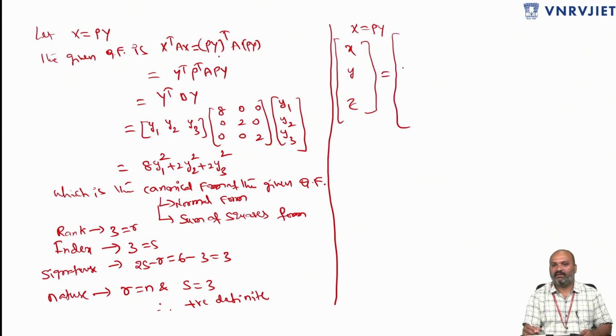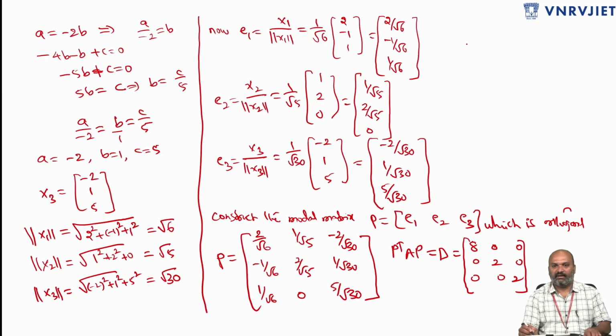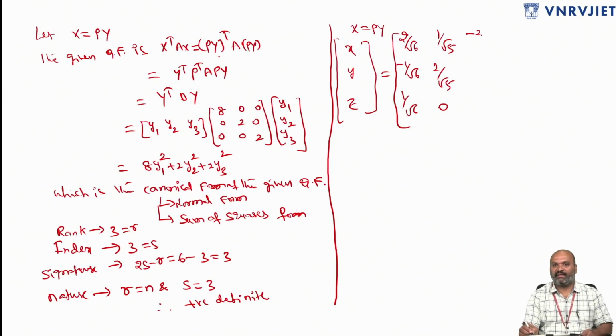The matrix with normalized eigenvectors: 2 by root 6, minus 1 by root 6, 1 by root 6; 1 by root 5, 2 by root 5, 0; and minus 2 by root 30, 1 by root 30, 5 by root 30. And Y is the vector of variables in canonical form, y1, y2, y3.